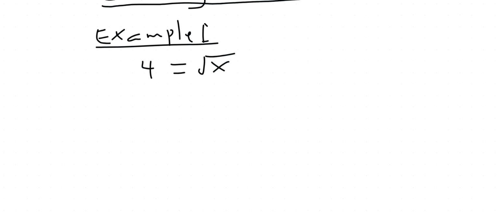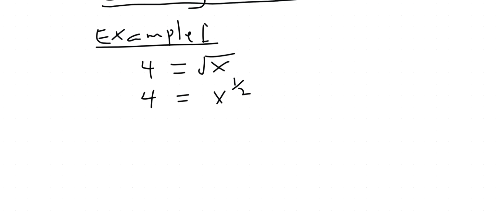You say 4 is equal to x raised to the power of half. In indices, the square root is the same thing as half. That's the first thing we need to do.